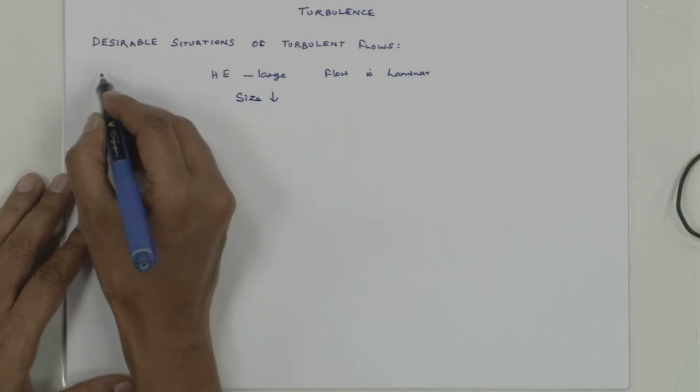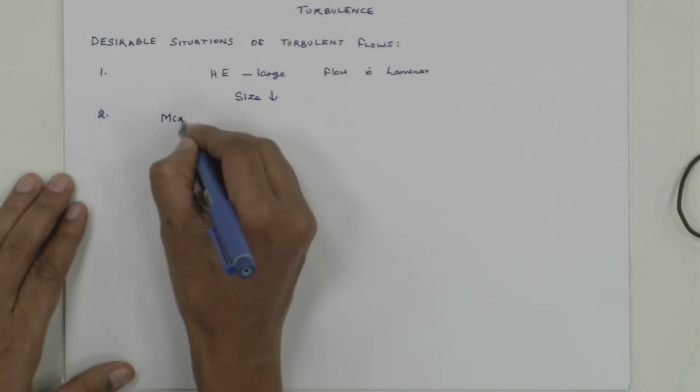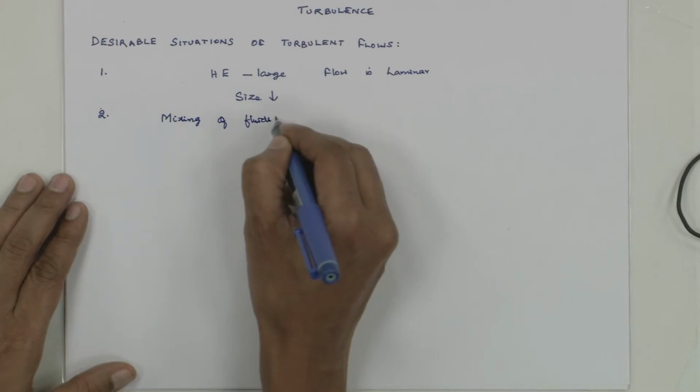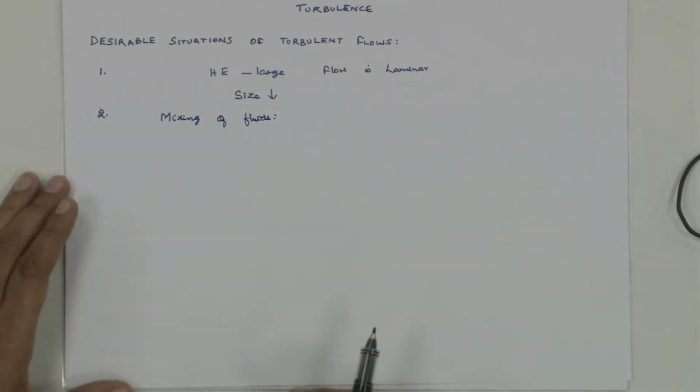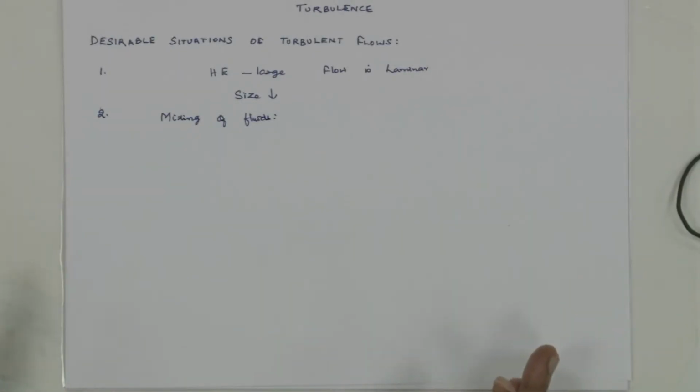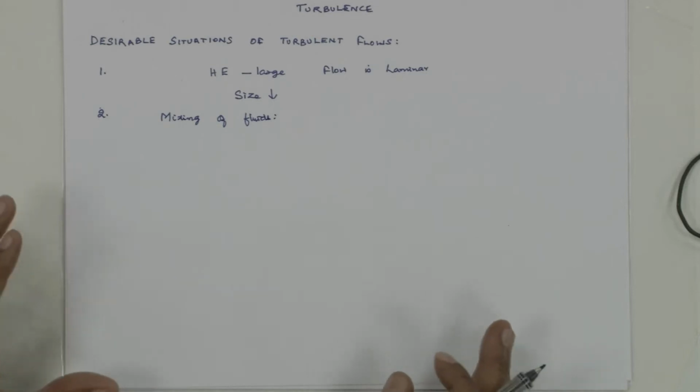That is one advantage. And then there is mixing of fluids. If smoke is coming out of a chimney and the flow were laminar, it would take enormous lengths before the smoke gets diffused into the air. But because the smoke coming out of the chimney is inherently turbulent, it diffuses over a shorter length and faster.